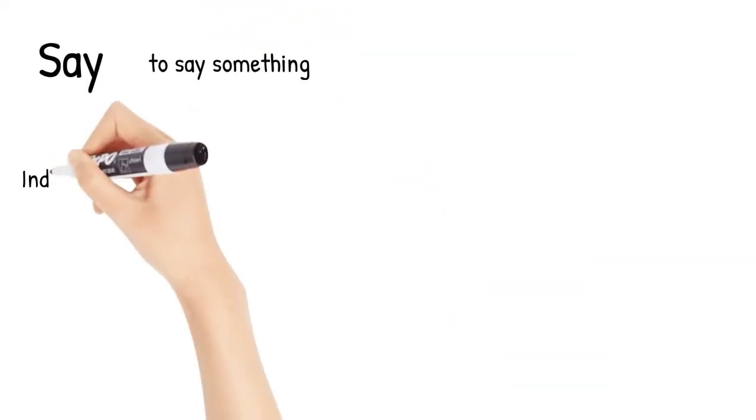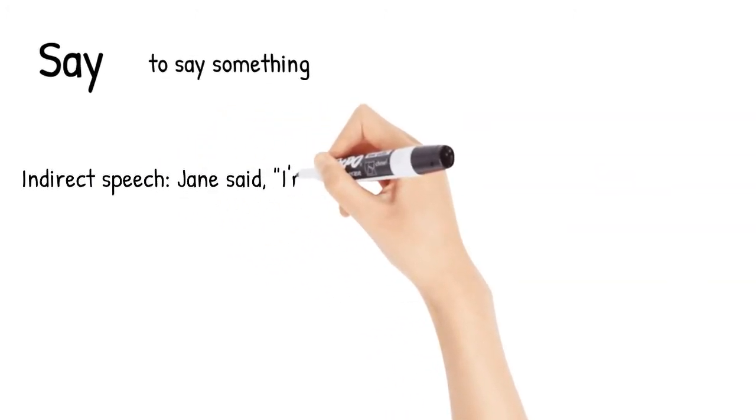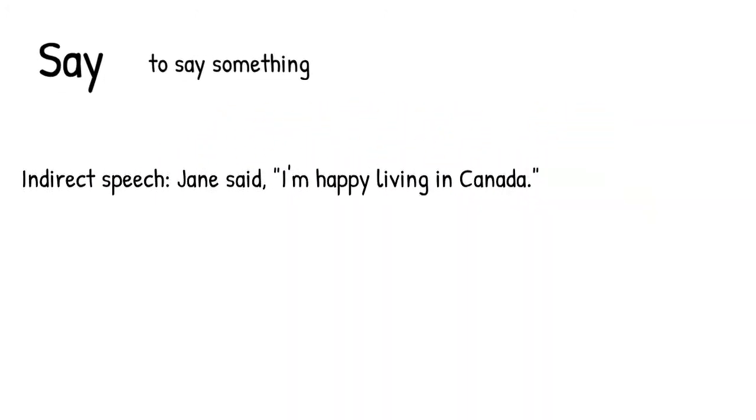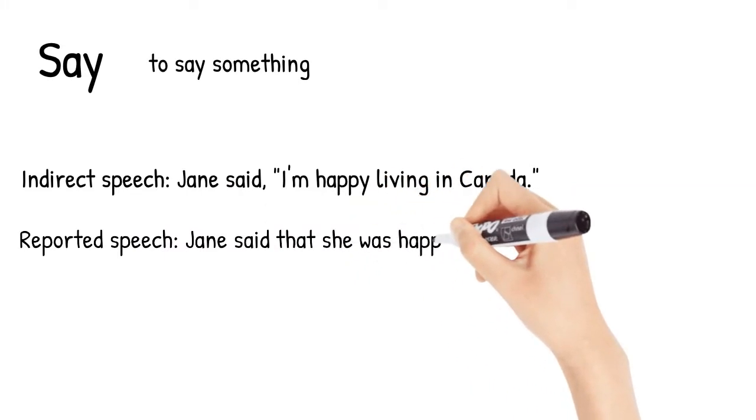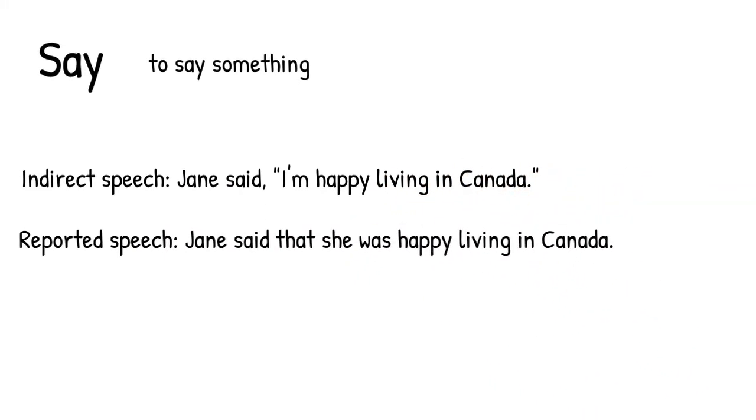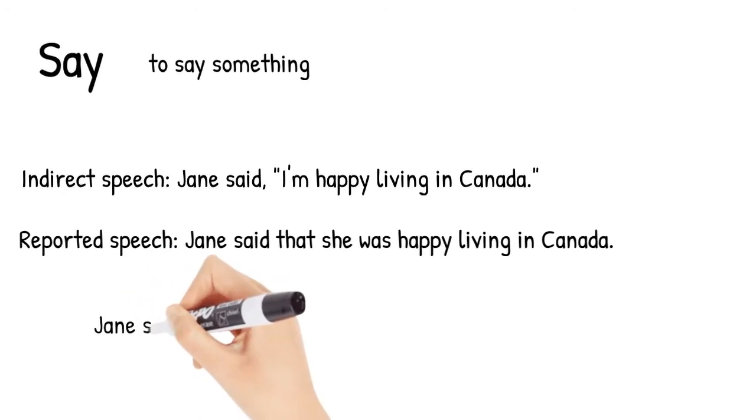You remember that the verb say is followed by something, so to say something. So let's take a look at indirect speech or quoted speech. Jane said, "I'm happy living in Canada." Turn that to reported speech and it becomes Jane said that she was happy living in Canada.